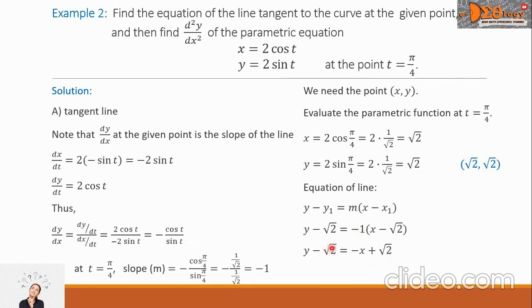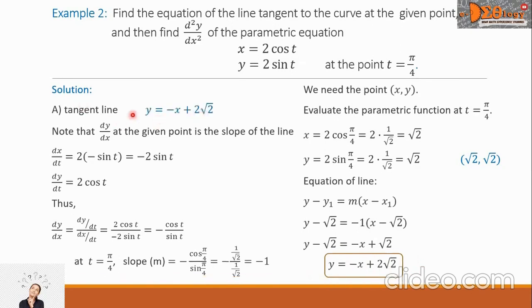To simplify further, this negative square root of 2, we are going to transpose to the right, where there is this positive square root of 2. Then later on, they will be combined. So our answer now becomes y equals -x plus 2 square root of 2. This is now our final answer. This is the tangent line. Let us copy this answer opposite the tangent line in here.